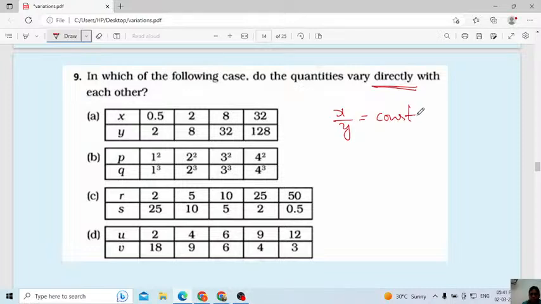In which case, tell me, all the ratios will be constant, whether A, B, C, D. Not only one ratio: x by y, this ratio, this ratio, all the ratios will be constant. In which case, A, B, C, D?